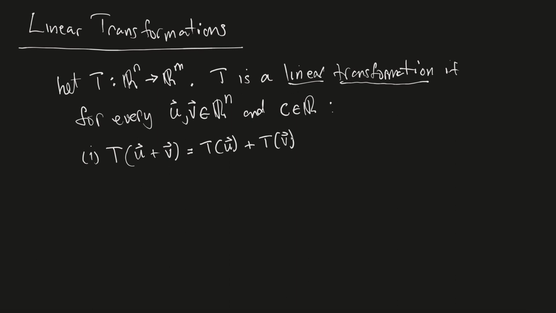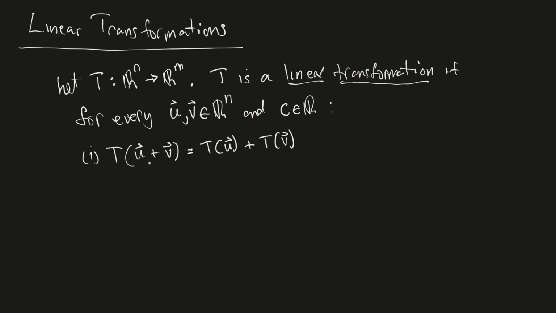Right? So this is what we call the additive property. So if your transformation is linear, it doesn't matter if you add two vectors first and then find the image of the sum, or you find the image of the vectors separately and then find the sum of the images.